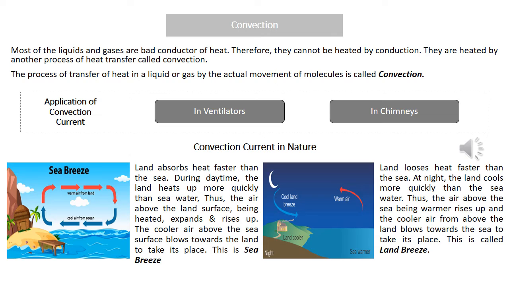Because the land is getting hotter, the air above the land gets warm, and warm air is lighter, so it rises up from the land and moves towards the sea. From the sea, cooler air comes towards the land to take the place of hot or warm air.